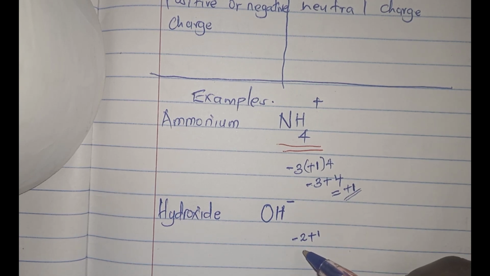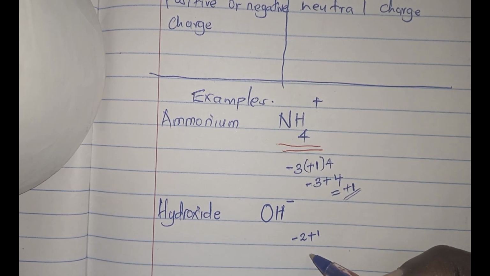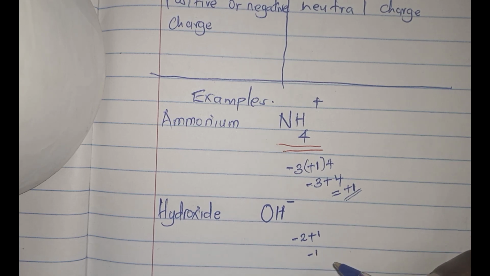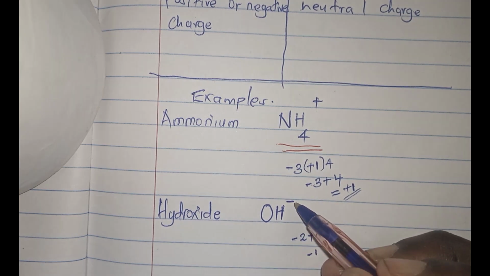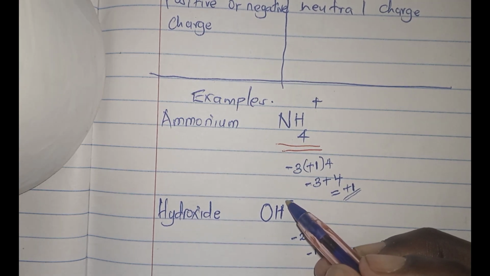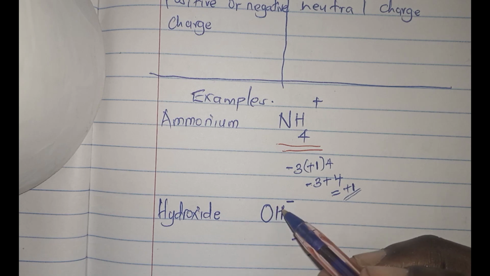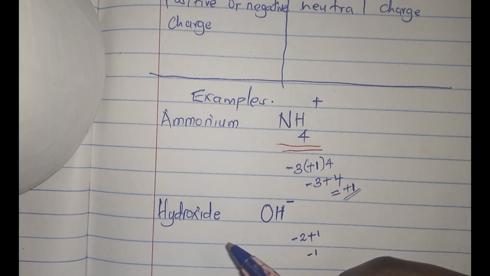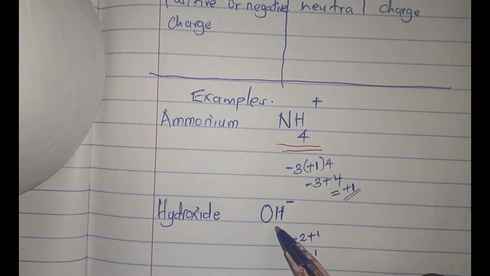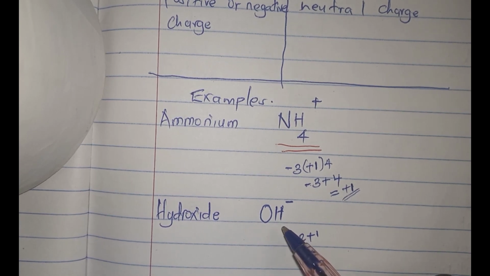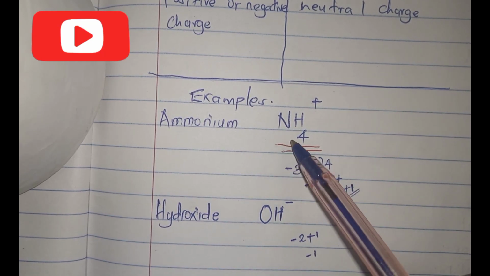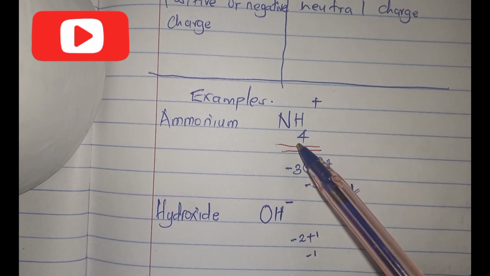So a negative 2 plus a positive 1 is equivalent to -1. No need to write the 1, but it's represented with this sign, and therefore it's the overall charge for the radical hydroxide. So this is how we write hydroxide as a radical, and this is how we write ammonium as a radical.